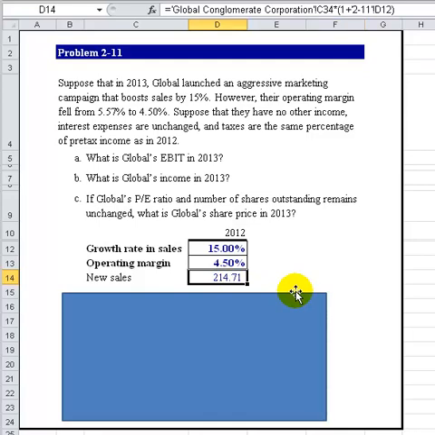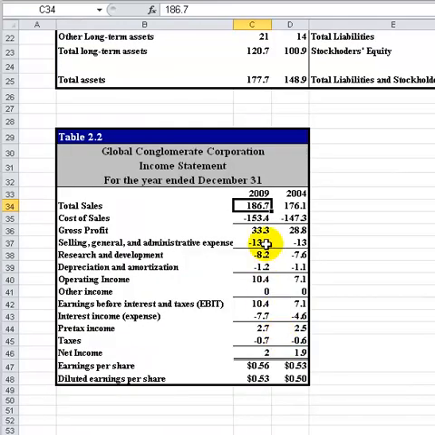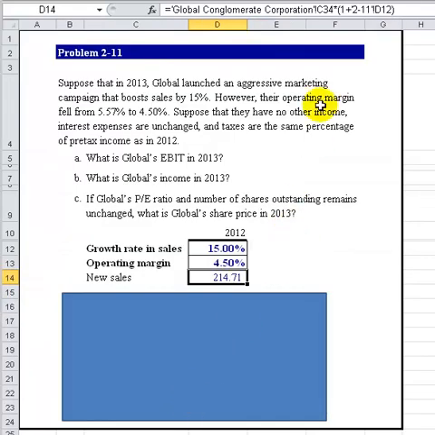We take last year's sales, that was in cell C34 on the financial page, which is right here, C34. So 186.7. We multiply that times 1 plus the value in D12, the 15%. So that's our new sales.